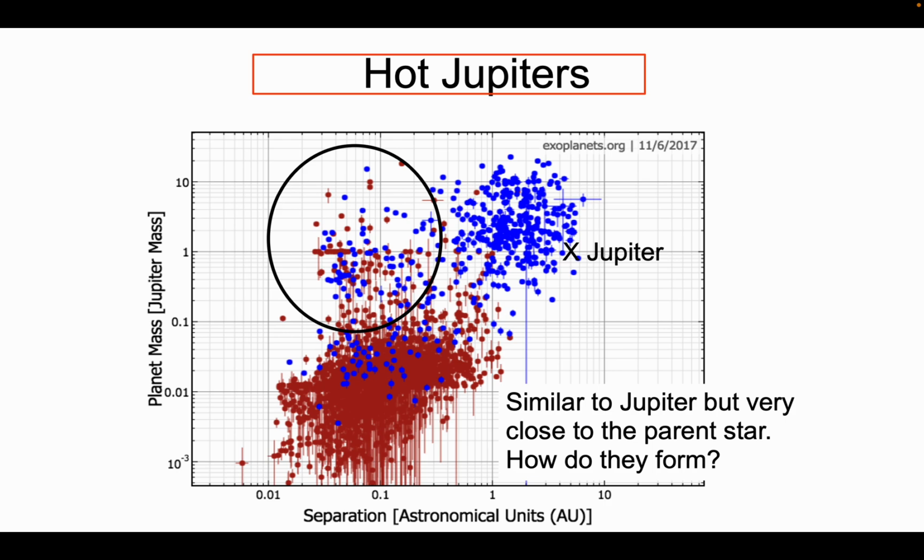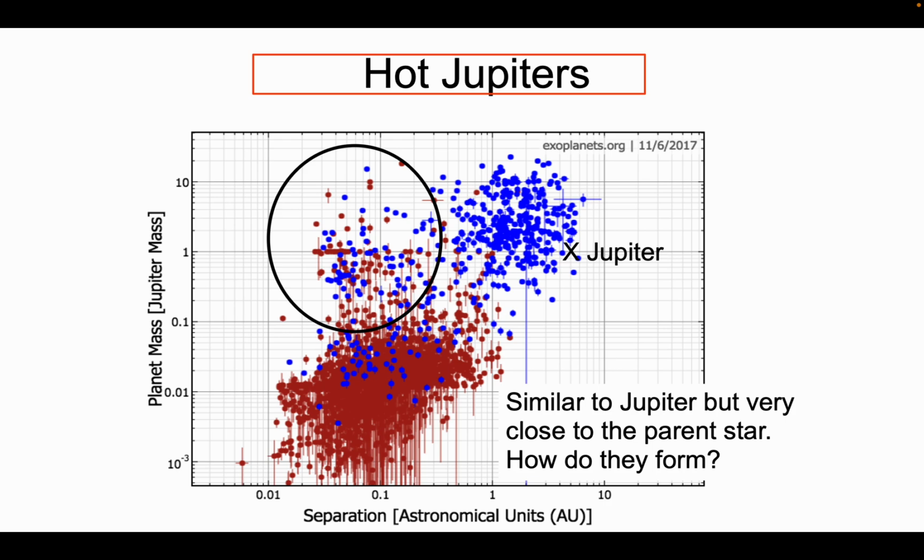Hot Jupiters are exoplanets detected to have higher mass but are very close, less than 0.1 AU or 0.2 AU, astronomical units. That is 10 times closer than the Sun.